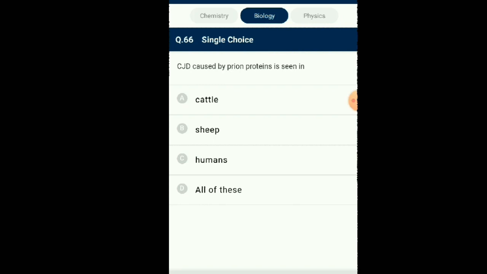These agents were called prions. The most notable diseases caused by prions are bovine spongiform encephalopathy, commonly called mad cow disease, in cattle, and its analogous variant Creutzfeldt-Jakob disease in humans. The answer for this question is option C, humans.